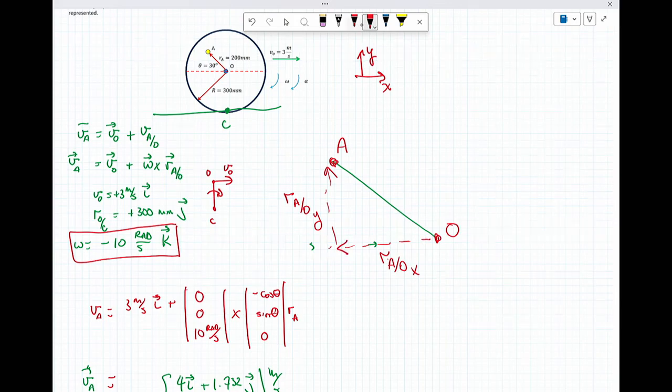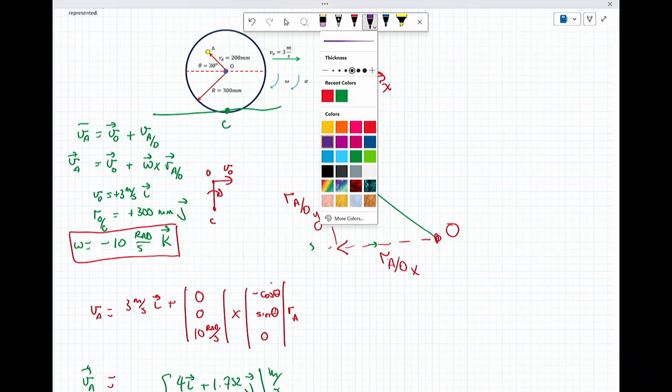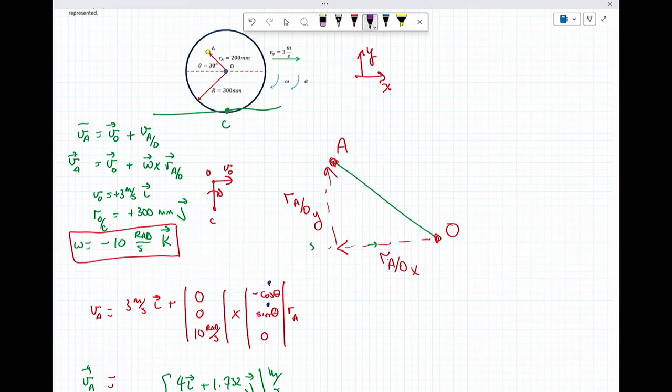That's why I have a negative cos theta and a positive sine theta for those two terms. The reason I keep pushing on the vector solution is that if you draw the diagram you're dealing with and you keep consistent to the notation, then you'll be a lot better off.